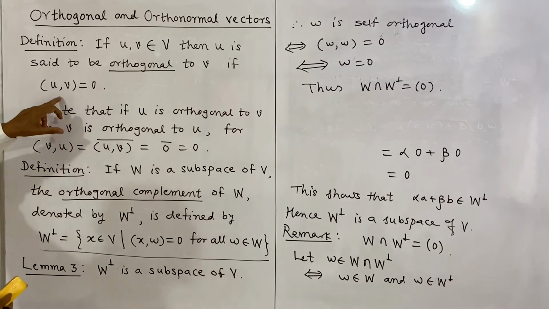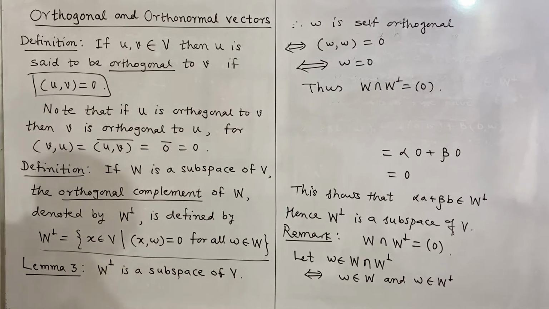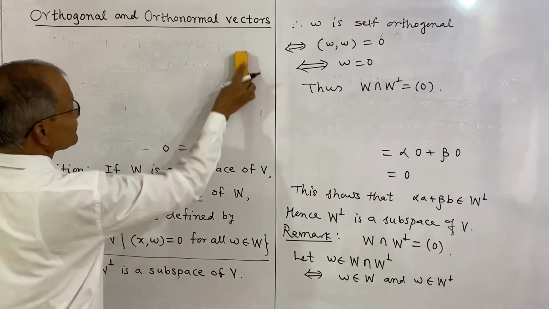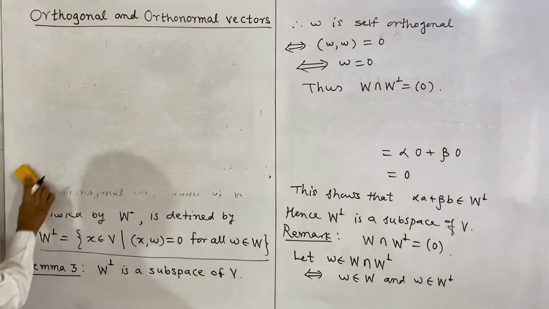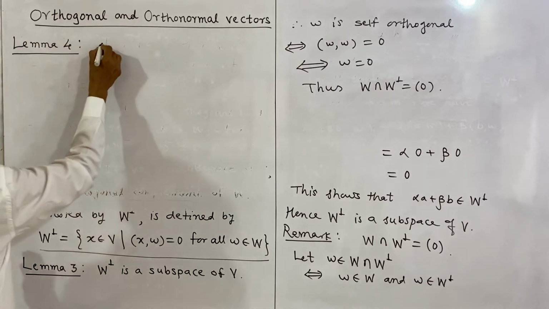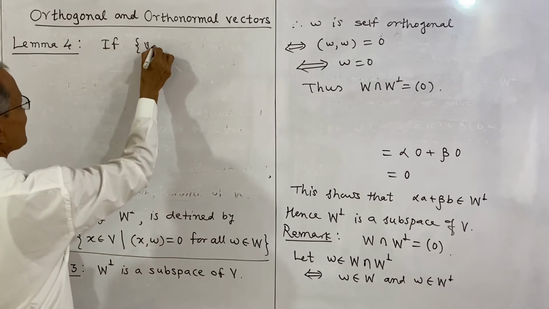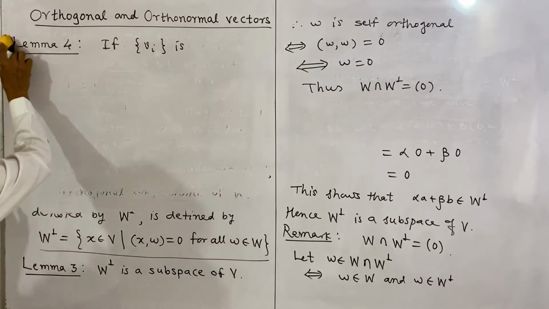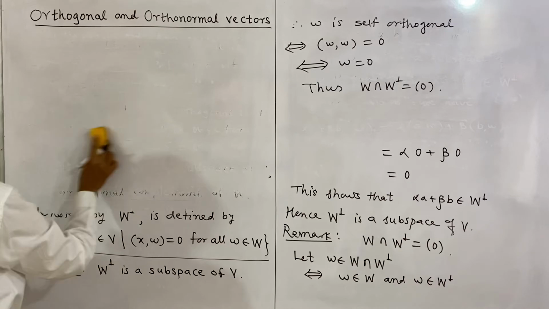This we have to remember: two vectors are orthogonal if their inner product is 0, and the vector x belongs to the orthogonal complement of W if its inner product with w is 0 for all w belonging to W. Before proving the next result, we shall first define orthonormal vectors, and then we will consider the next lemma. Now we write the definition for orthonormal vectors.